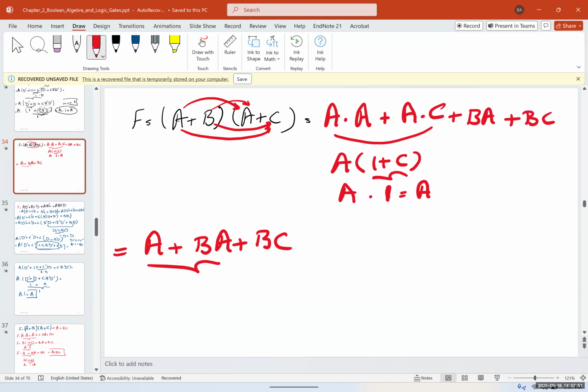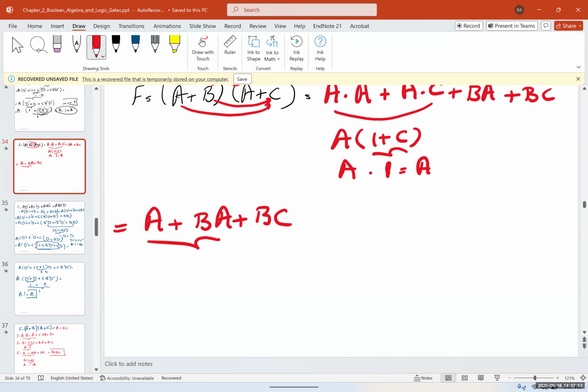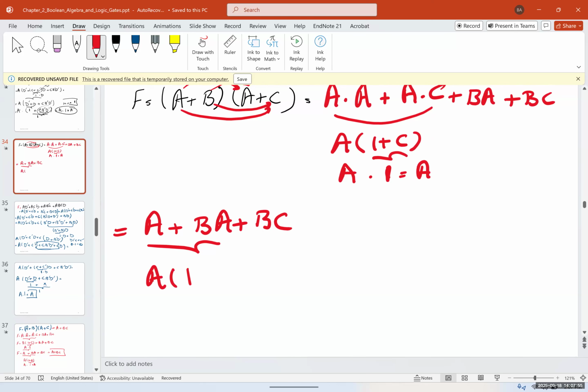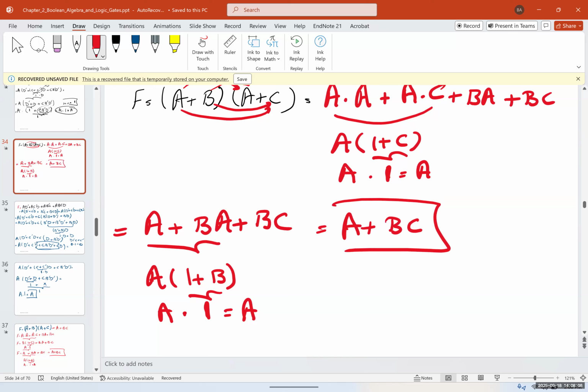Again, A plus BA is going to be A times 1 plus B, and 1 plus B is equal to 1, and A times 1 is equal to A. So it's going to be A plus BC. Therefore, we're going to have A plus BC.